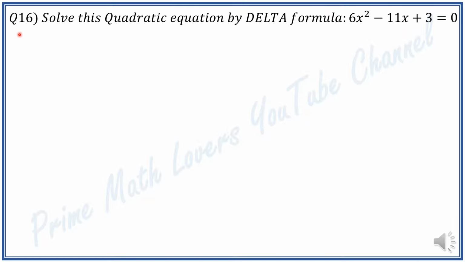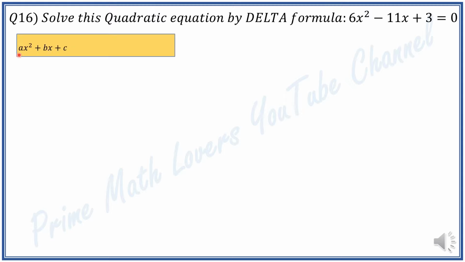Question 16. Solve this quadratic equation by the delta formula, the quadratic formula. This is the same equation, but this time we need to solve it with the quadratic formula or delta formula.